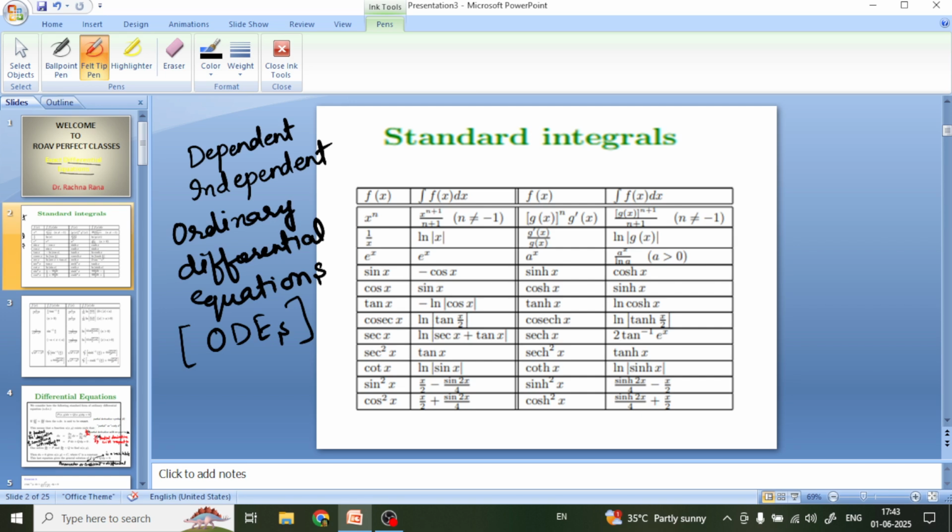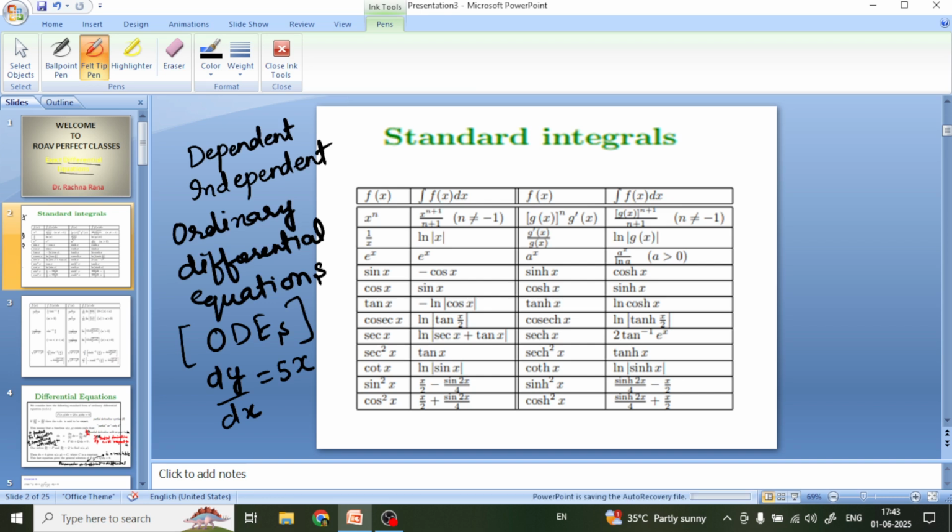For example, it involves only one independent variable: dy over dx equals 5x. This is an ordinary differential equation, ODE.